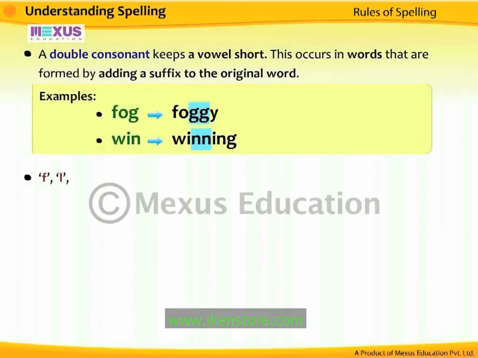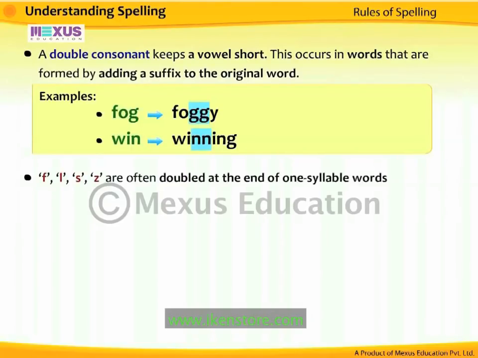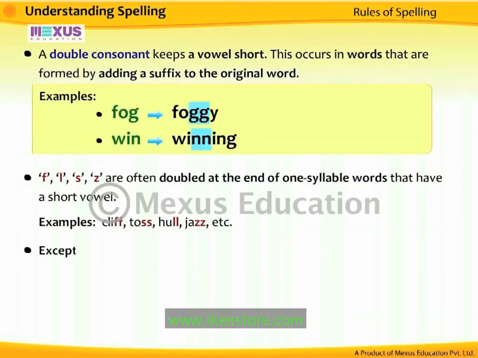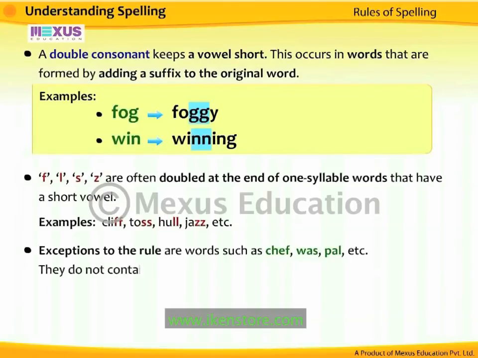F, L, S, Z are often doubled at the end of one-syllable words that have a short vowel. For example, cliff, toss, hull, jazz, etc. Exceptions to the rule are words such as chef, was, pal, etc. They do not contain double consonants.